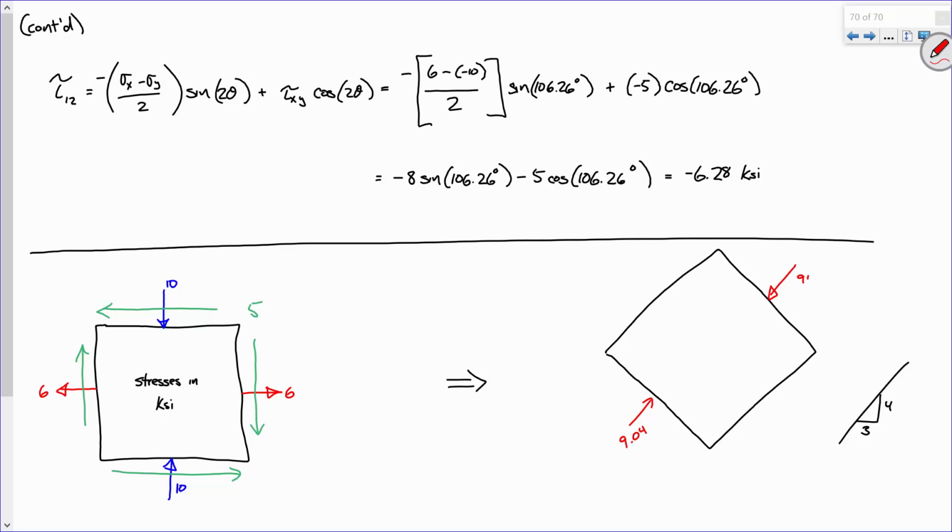This is 9.04. This is 5.04. 5.04. Does everybody understand that? Or kind of see where I'm getting at? And then we've got, that came out to negative, so that's going to look something like that.